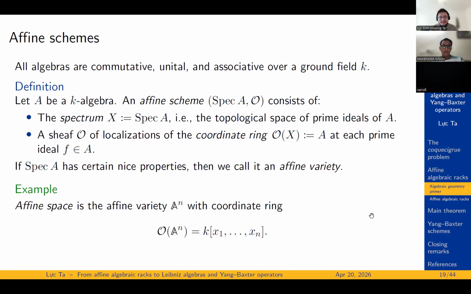And the second thing, denoted by O, is a sheaf of localizations of the coordinate ring of your affine scheme, in other words, A, at each prime ideal of A. And if this affine scheme has certain nice properties, then it's called an affine variety. As an example, affine space, or A^n, is a variety with coordinate ring a polynomial ring in n variables.